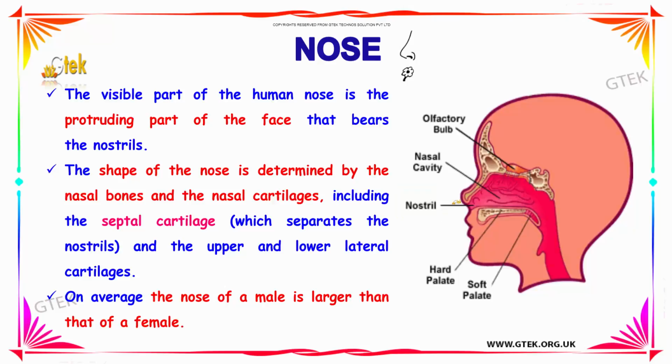The shape of your nostril is like a hole. The shape of the nose is determined by the nasal bones and the nasal cartilages, which are present in the bridge of your nose.